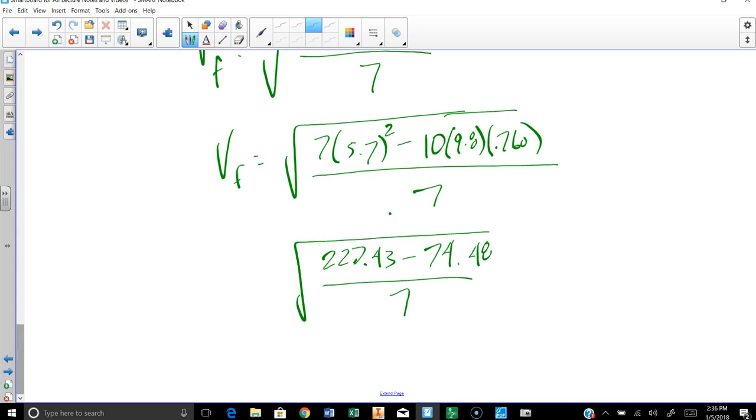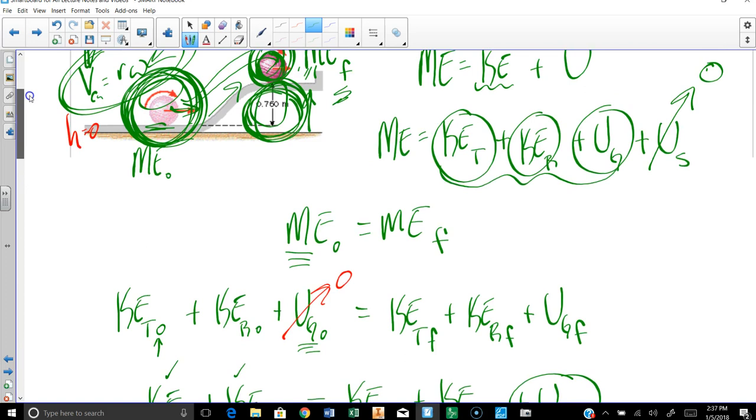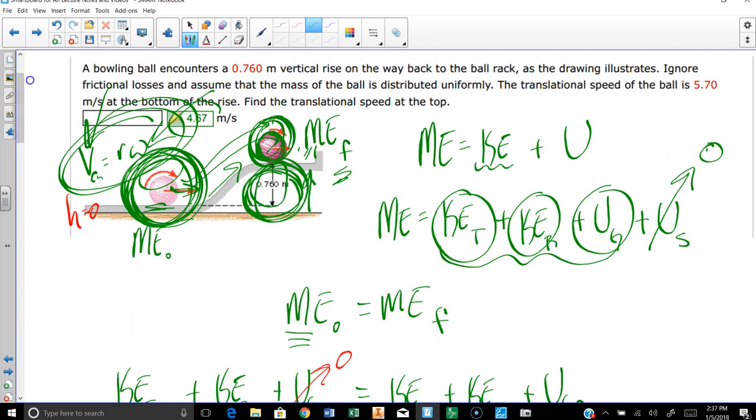Careful how you do all this stuff, but let's see. Then divide by that 7, and then take the square root. And I get 4.67 meters per second, which I believe, there it is, okay. I haven't lost my touch.